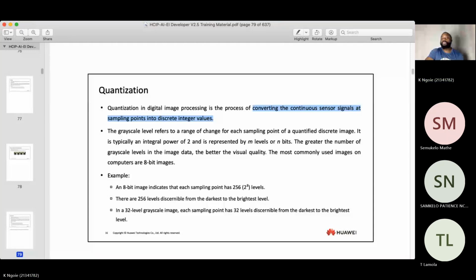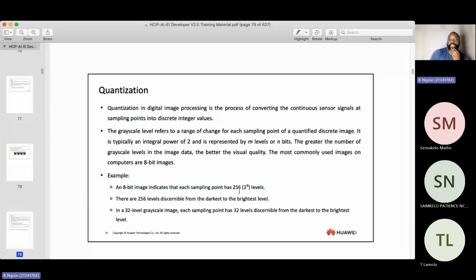So how this quantization will work is that we have an example. For example, the light that is hitting the sensor might produce maybe a voltage of 0.4 volt. Now quantization will just map this value into the nearest available level. For example, we have an 8-bit quantization, which has 256 levels. An 8-bit image indicates that.